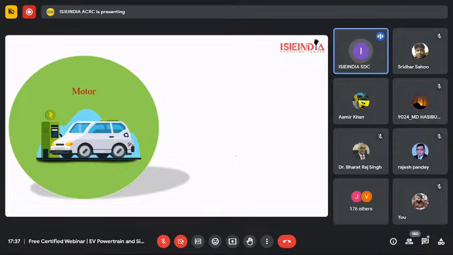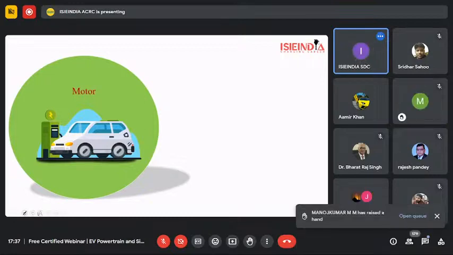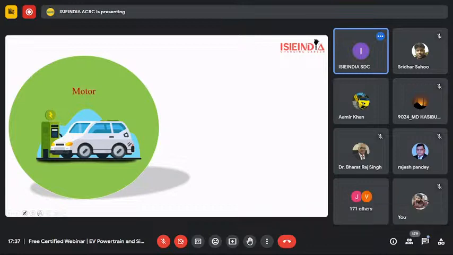So first of all, let me assume a vehicle of mass 1500 kilogram. Okay, am I audible? Please try to do the calculation with me also.